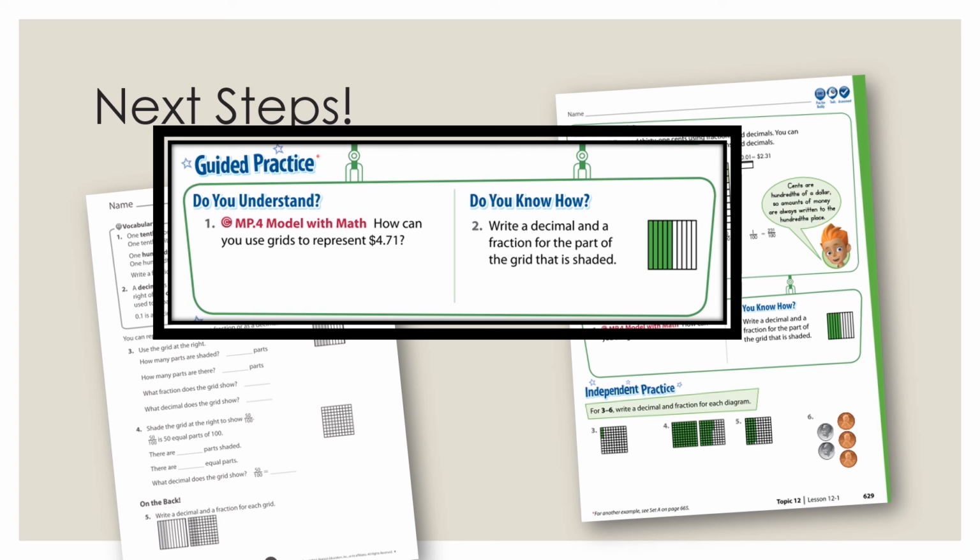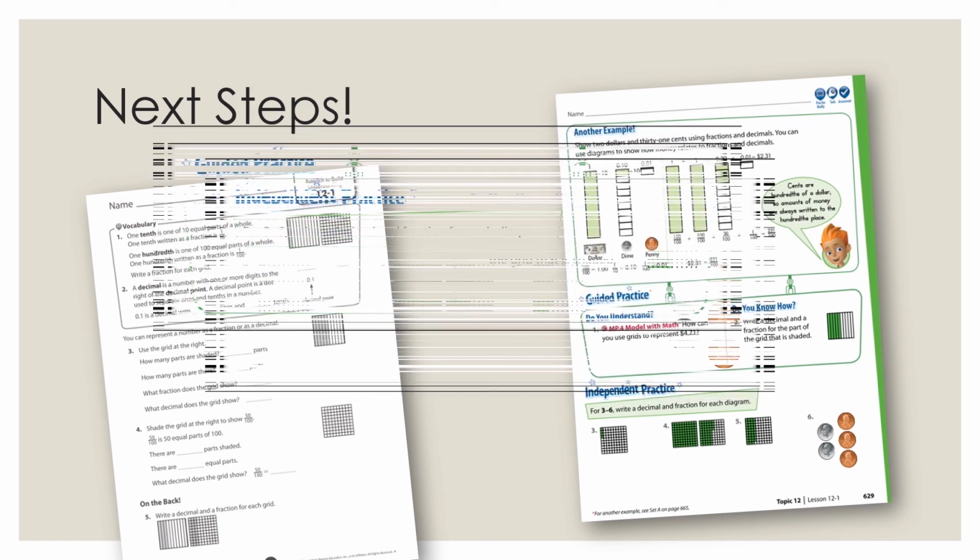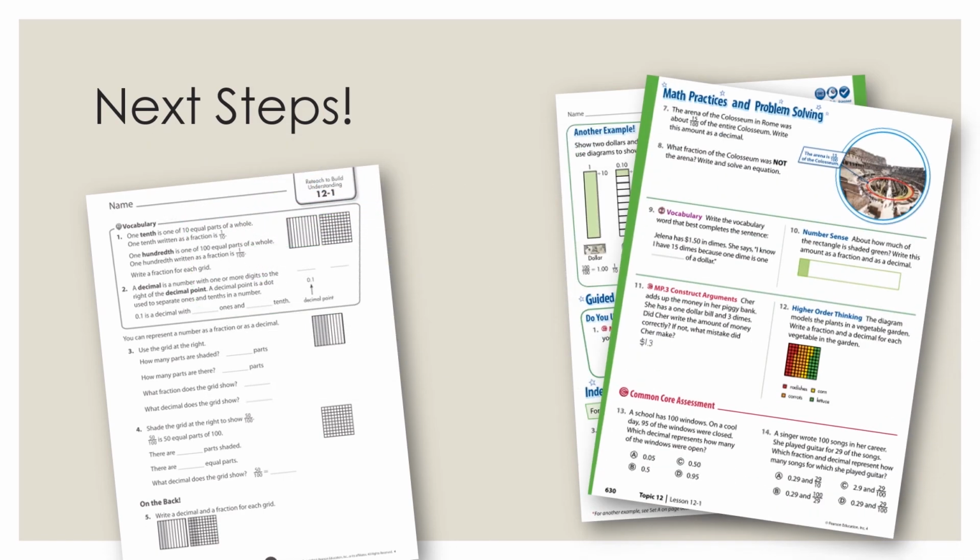When you feel comfortable and ready, feel free to move on to questions 3 through 6. You're going to complete this independently and turn this into your teacher for grading. After you finish that, there's an opportunity for extension and more activities on the next practice page titled Math Practices and Problem Solving.